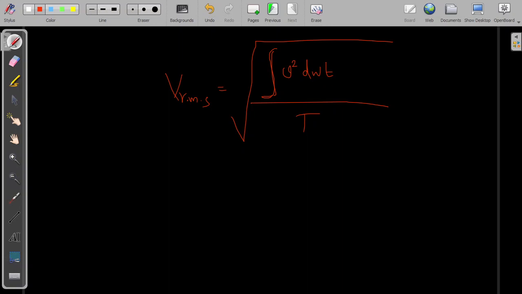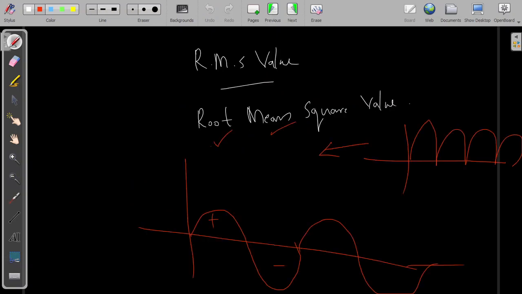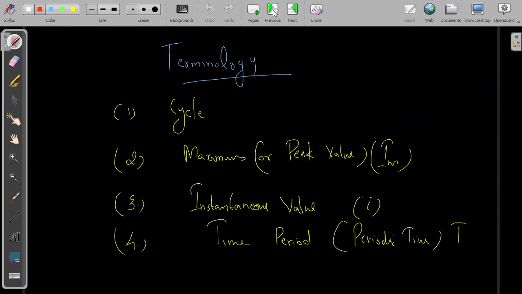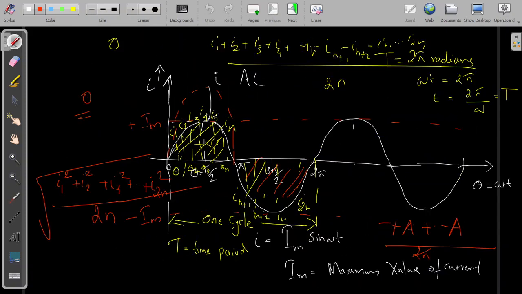For our alternating waveform, we are going to find the RMS value of this alternating current waveform.